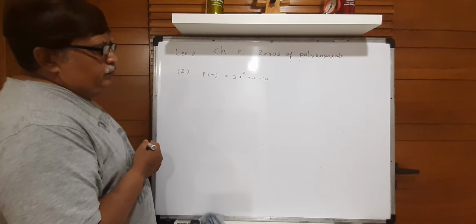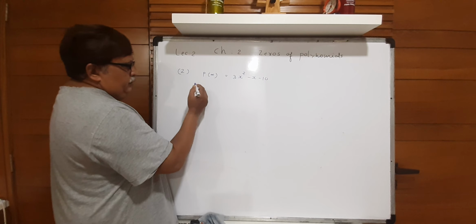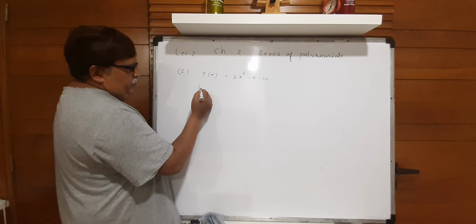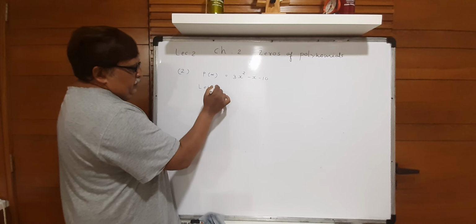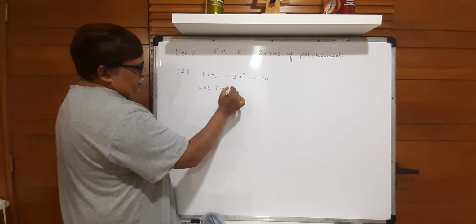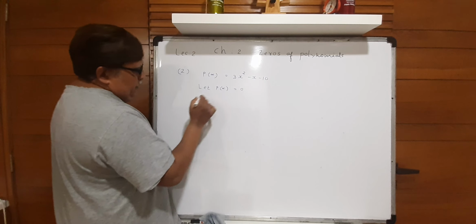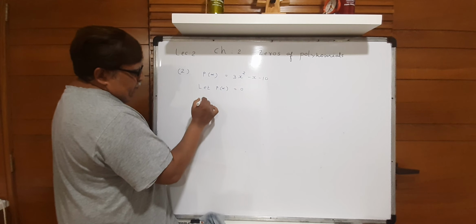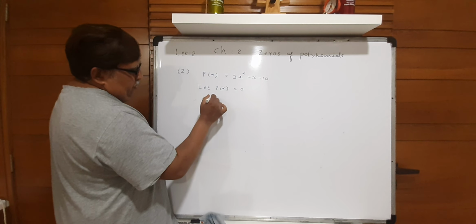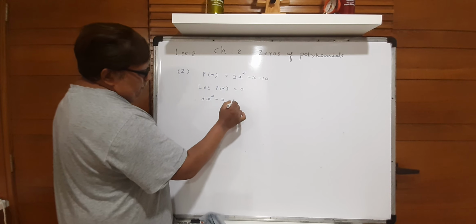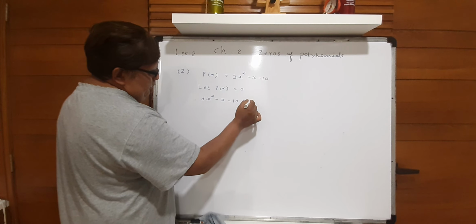So how will you solve this example? First, as you know, you will write let p of x equal to 0. Then you will write this way, 3x square minus x minus 10 equal to 0.